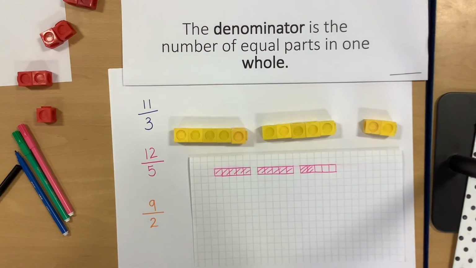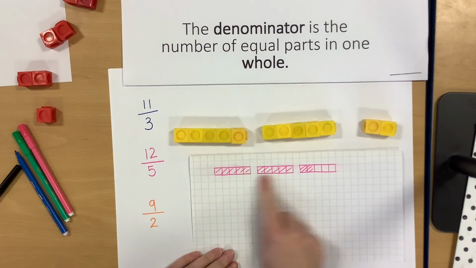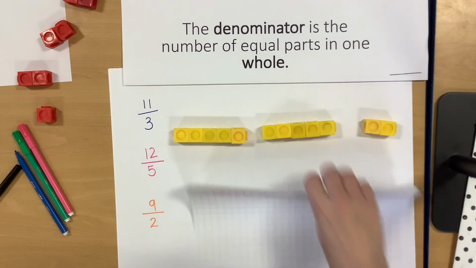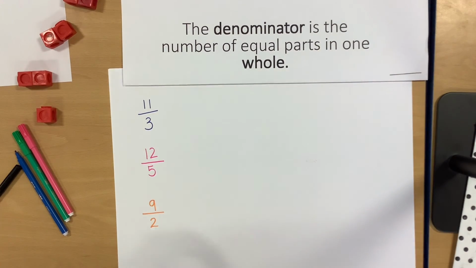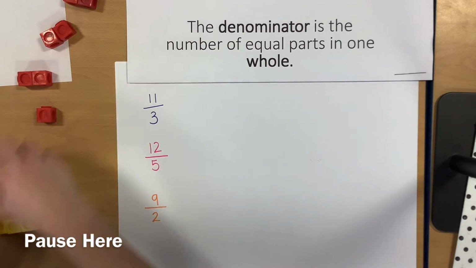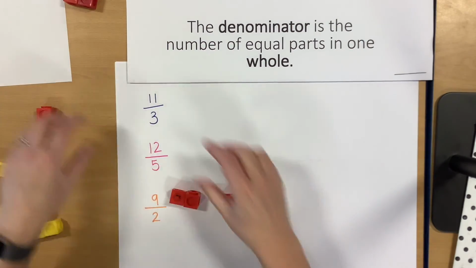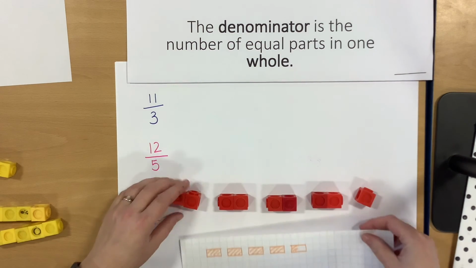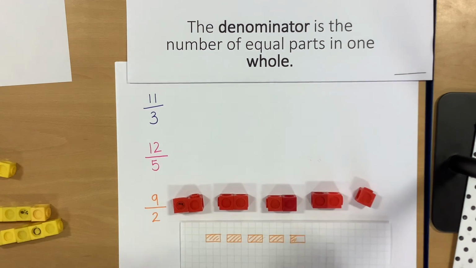Okay, so 12/5 could look like this if you built it from Multilink, or if you drew it, it might look a little bit like this. And your last challenge is 9/2. So pause your video and build and draw 9/2 for me, and then restart to see if you were right. So 9/2 would look like this. If you were going to draw it, it might look like that.